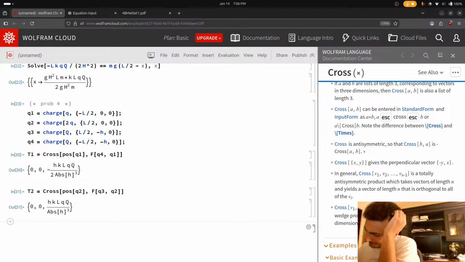Okay, so we figured out that the tension force is that. Now we need the left electric force, F_EL.